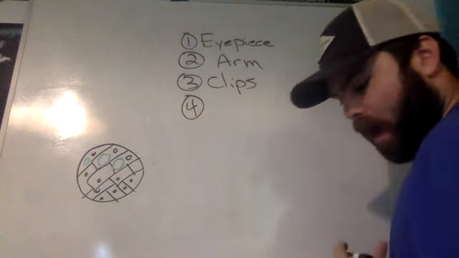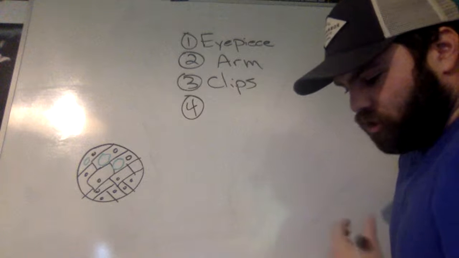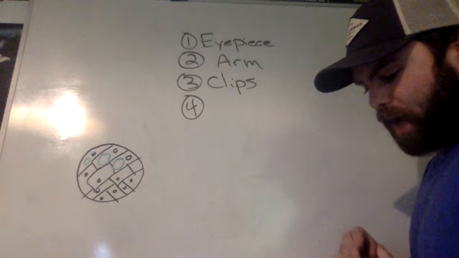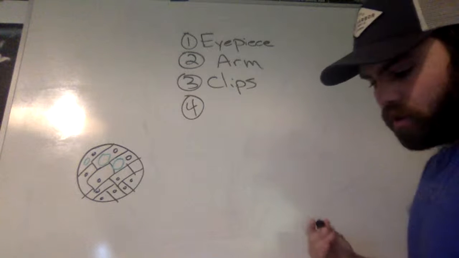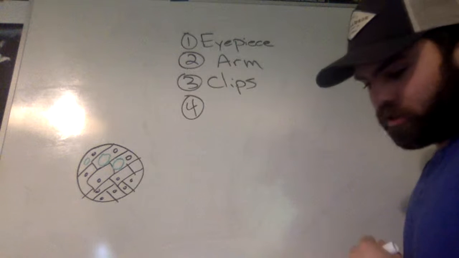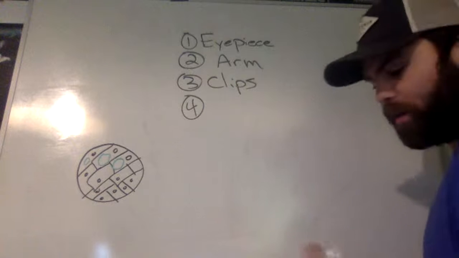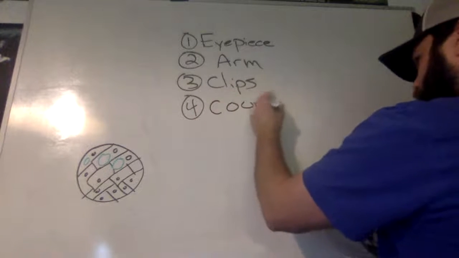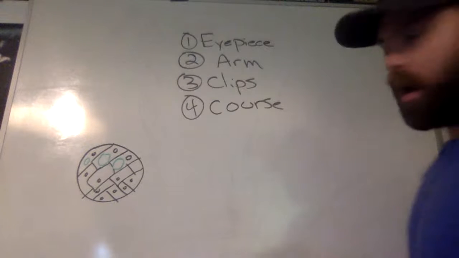All right, so now we're going to look at, there's 2 circles or knobs on the side of it. You have your coarse and your fine. Now the coarse one is always the larger one. So since number 4 is pointing at the larger one, that's going to be your coarse adjustment knob, okay?